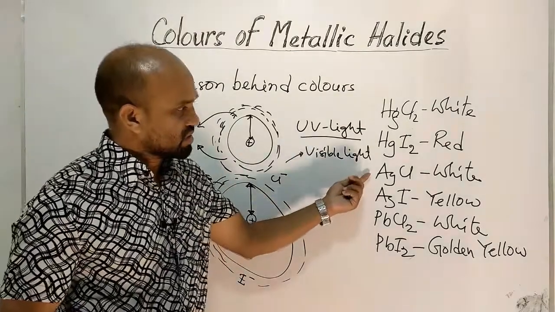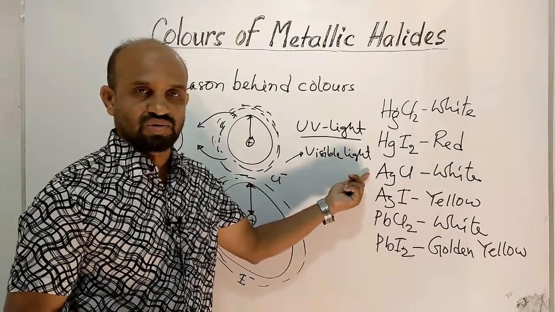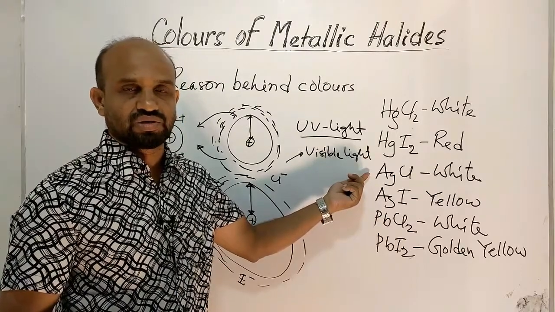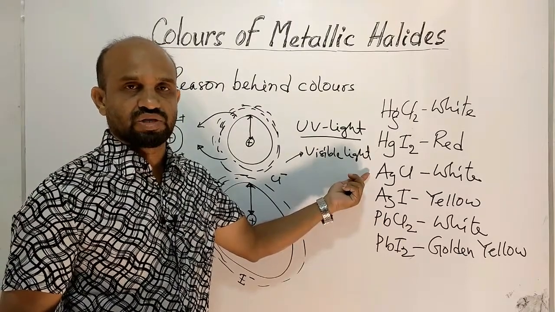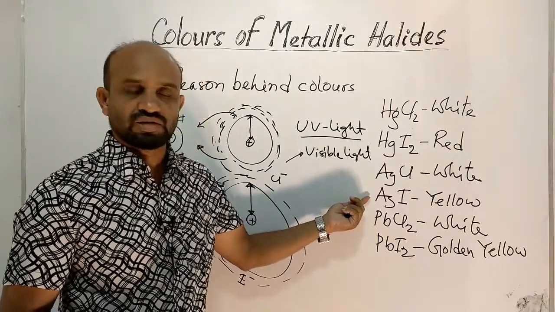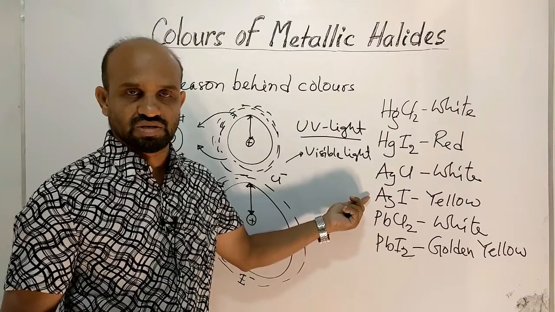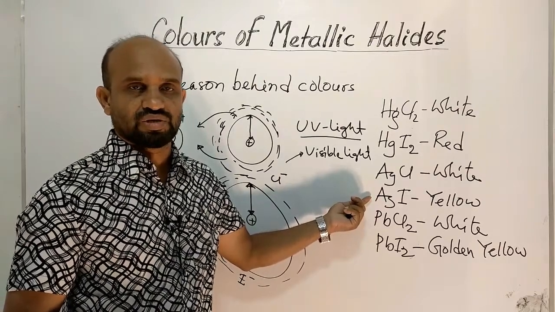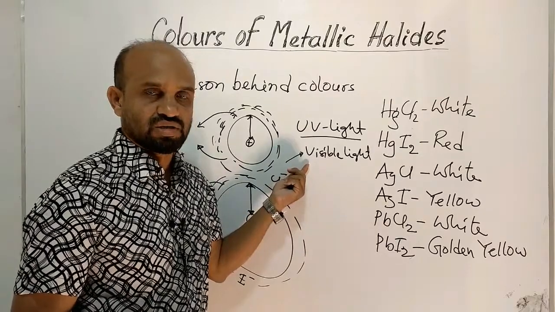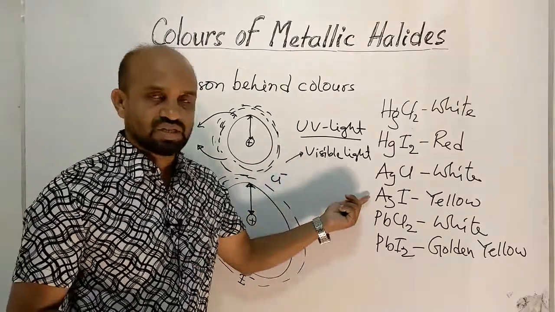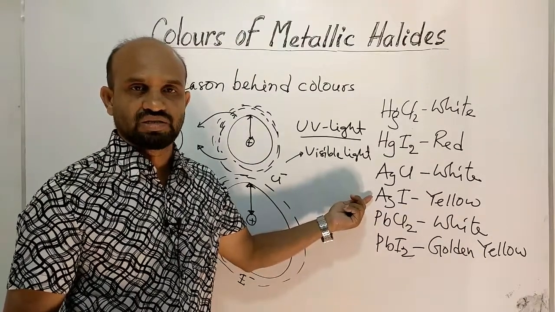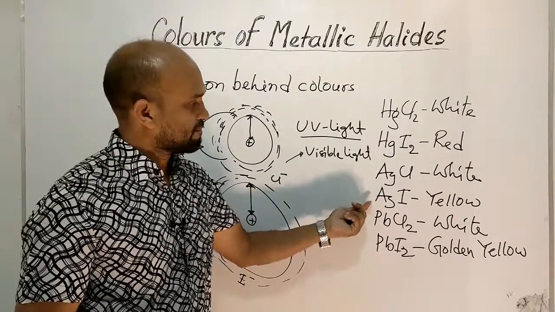Similarly, here the chloride ion, which is smaller in size, absorbs radiation from the UV region, but in this case this is the iodide ion, which is bigger in size. It absorbs light from the visible region. That is why it appears as a colored substance and it is yellow in color.